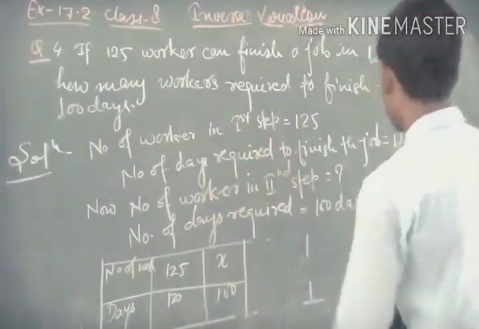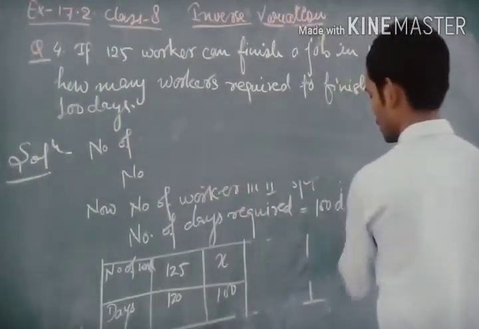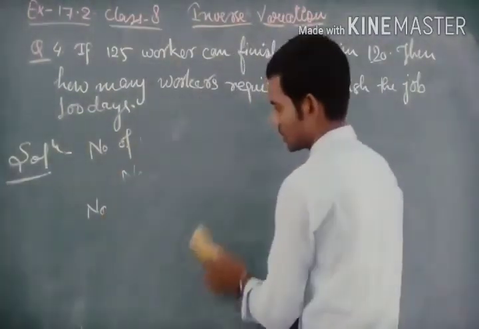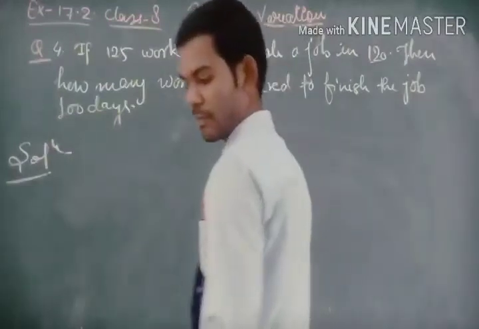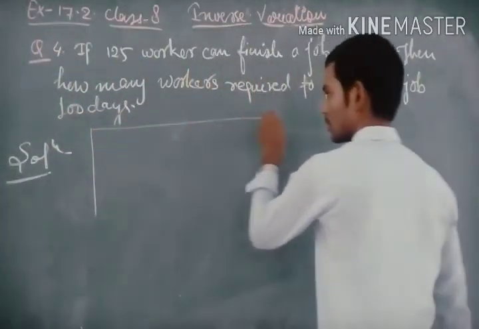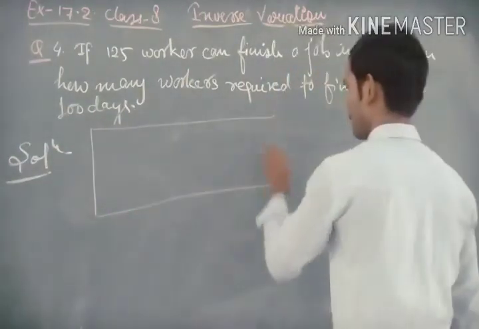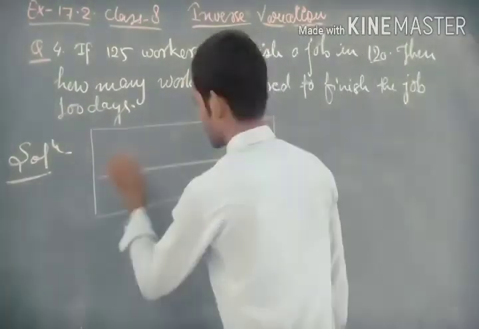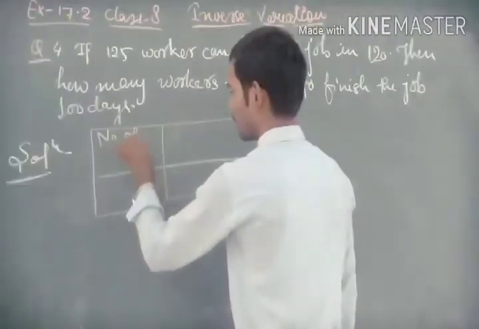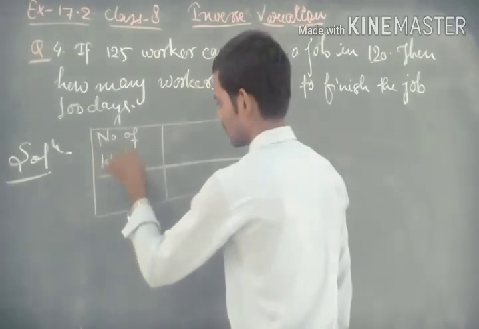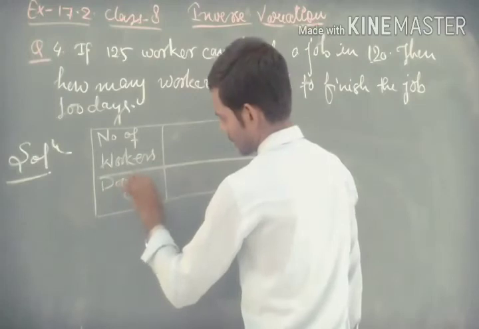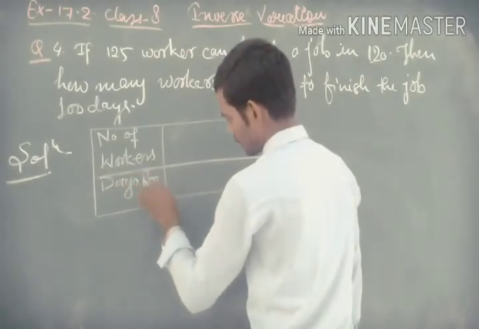So I just erase this, and I would like to make the table here, which is very simple. So just make the table and solve the question. Here, I make the table, and here I write number of workers, and here I write days required.